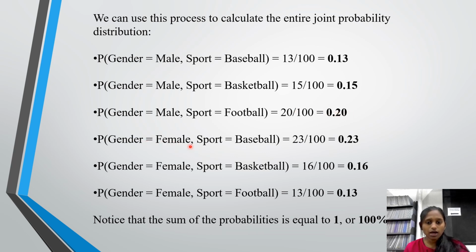Females liking baseball number 23, so it is 0.23. And when the gender is female and the sport is basketball, there are 16 females liking basketball, so it is 0.16. Then when gender is female and sport is football, there are 12 people out of 100, that is 0.12. When you add all these, you will get 1 or 100%.